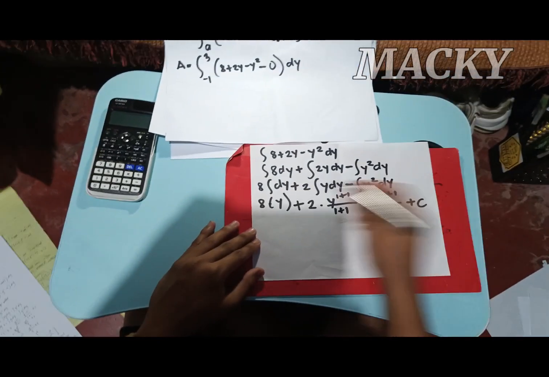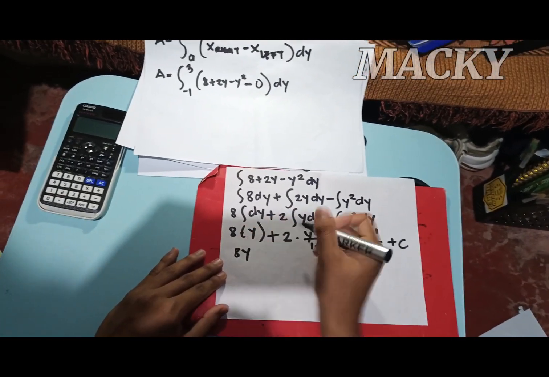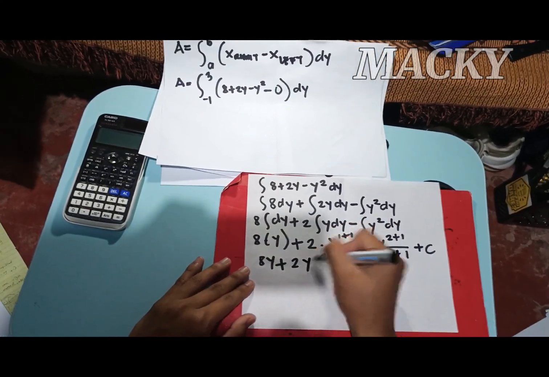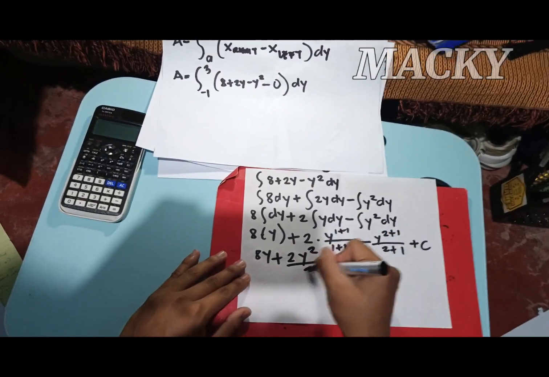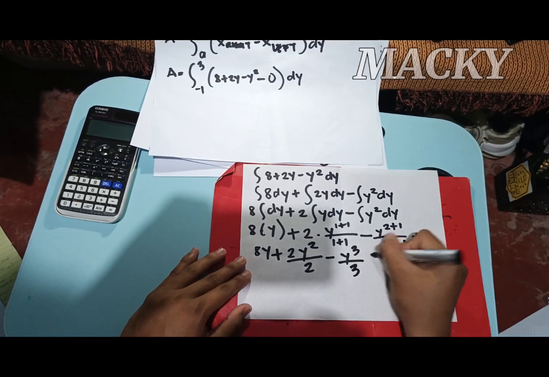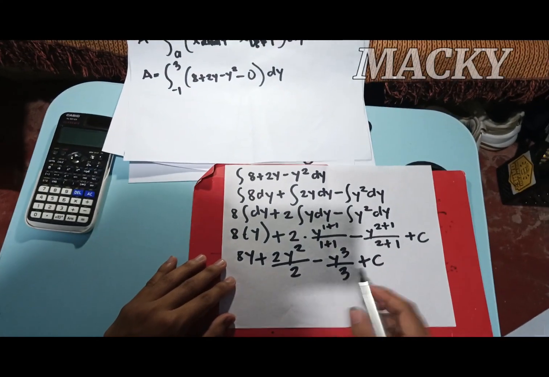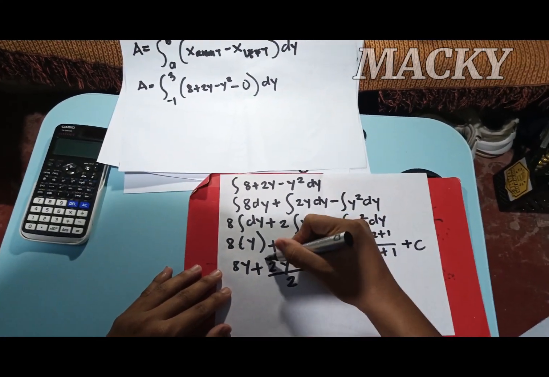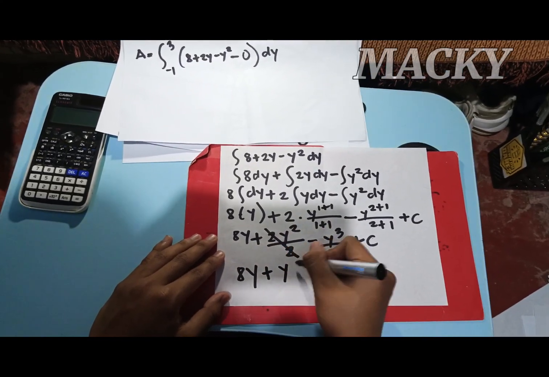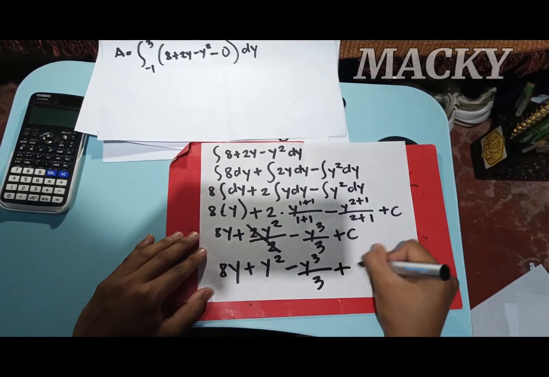Now we can simplify: 8y plus 2y squared over 2 minus y cubed over 3 plus c. As you can see, there is still something to simplify, so the 2 cancels out. The remaining is 8y plus y squared minus y cubed over 3 plus c.